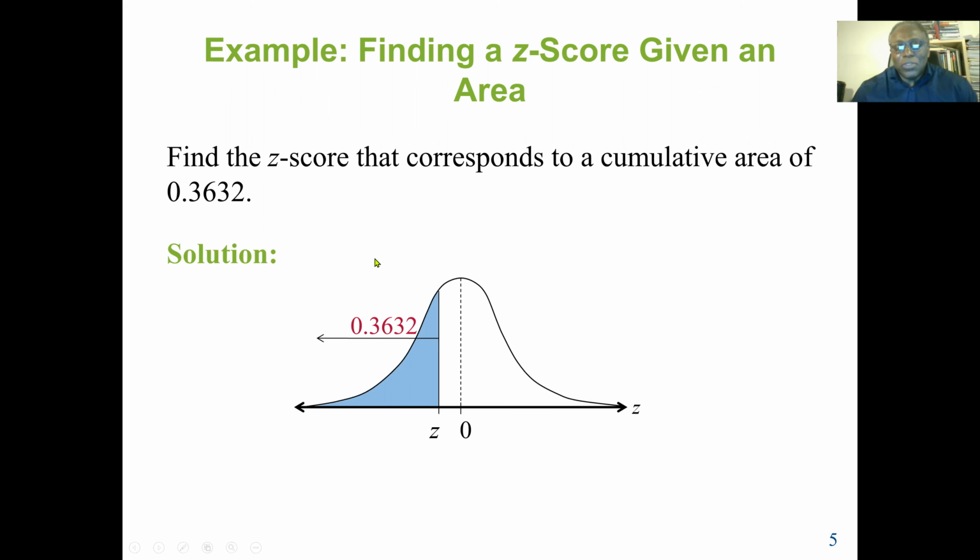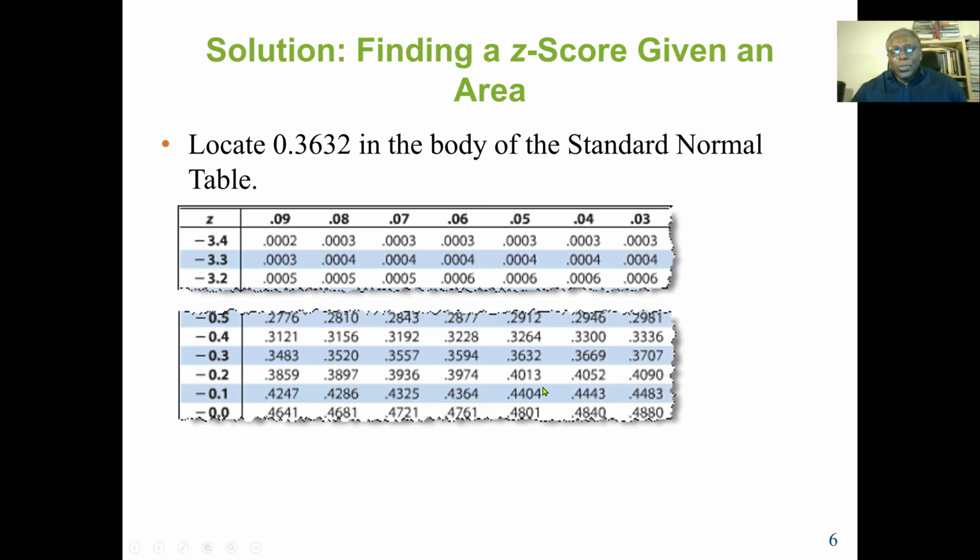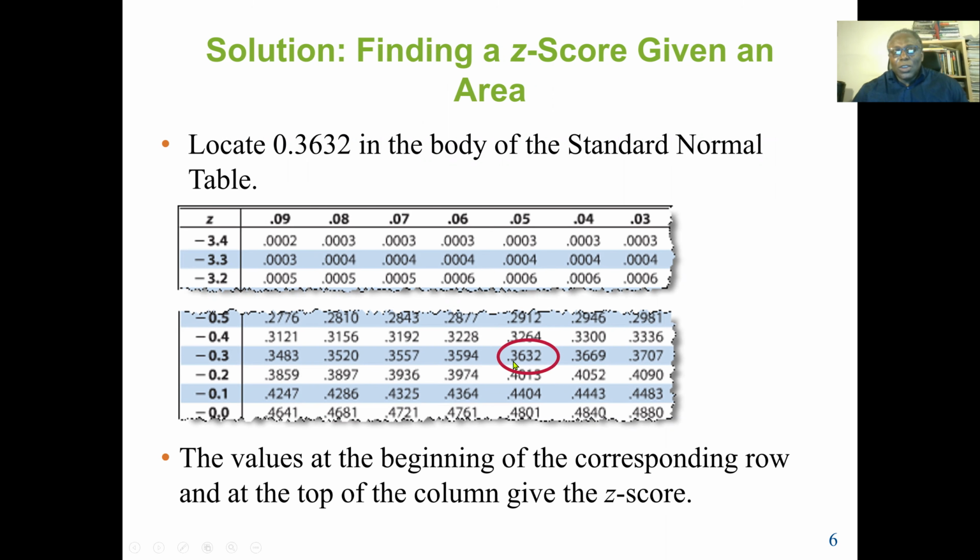Since we know the p-value, we can go to the table and look for the p-value in the table. The closest value is 0.3632. This means the Z value will be negative 0.3, then the next decimal place is 5. So the answer will be negative 0.35. Negative 0.35 will be our Z value.